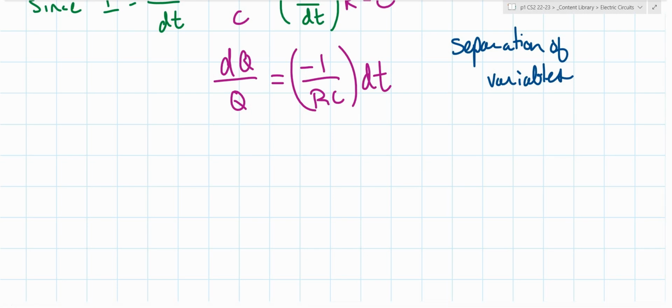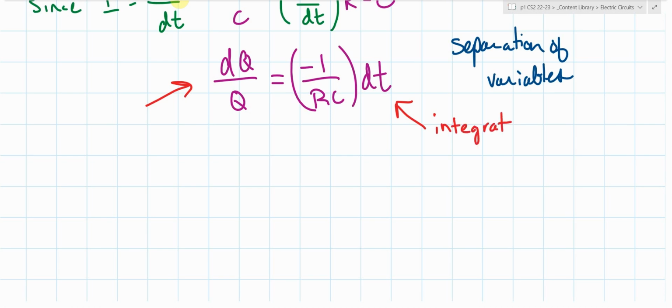It's easier to do the other side first. We're trying to get a function of time. This side has dt in it, so we're going to integrate from time 0 to time t. That's what you always do with time in these differential equations.